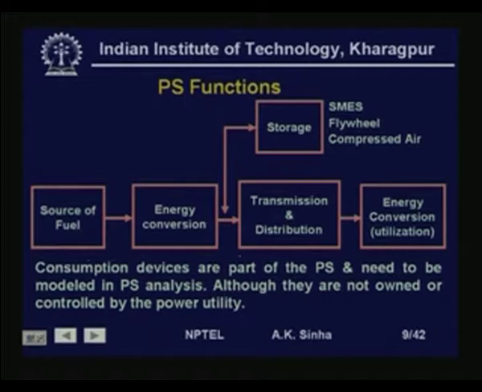That is, we have a very large superconducting coil in which we can store this energy as magnetic energy, and when we need it, we can draw it from that coil. This is one of the devices which has been used in a couple of places, but it is again very expensive. Another method which is being tried is very huge flywheels, which can store energy in their inertia, and that kinetic energy can be converted into electrical energy later when it is needed.